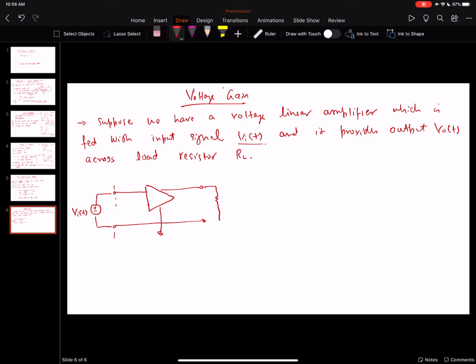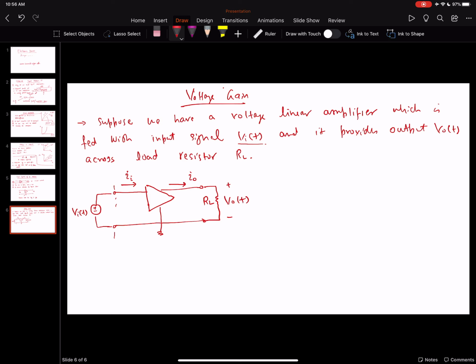It is connected to the load resistance RL, and the potential drop across the load resistance will be the output V naught of t. The current going in is II, the input current drawn from the source, and the output is I naught, delivered to the load.